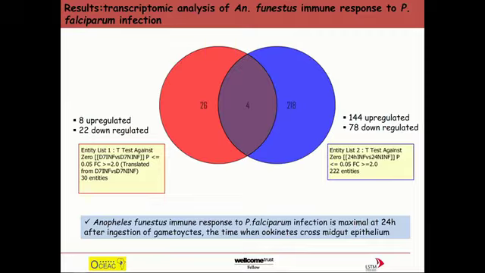And we can see that only 4 genes are common between the 2 time points. And this confirms that the immune response against Plasmodium infection is maximal at 24 hours after ingestion of the gametocytes, the time when the ookinete crosses the midgut.